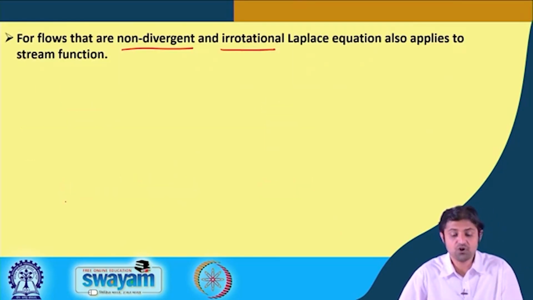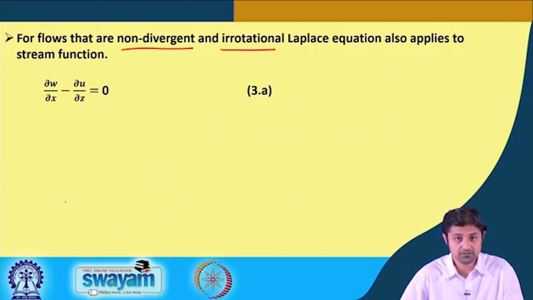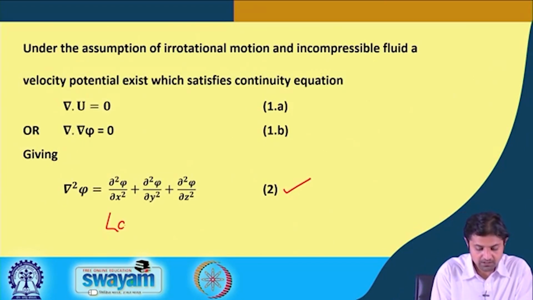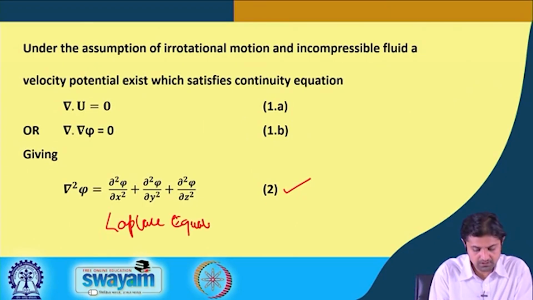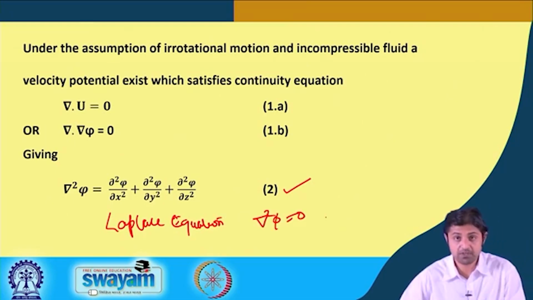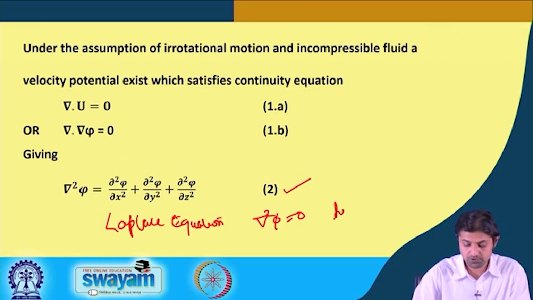So for non-divergent and irrotational flows, the Laplace equation also applies to the stream function. We have seen for the velocity potential that del square phi is equal to 0, the Laplace equation, holds good.